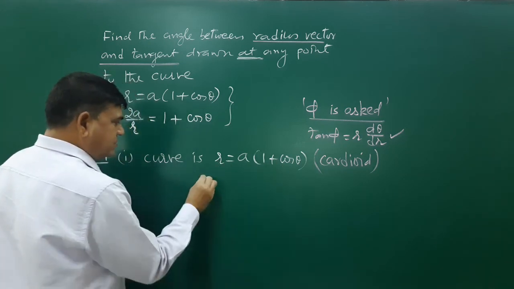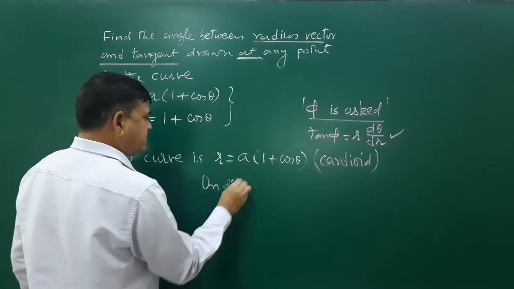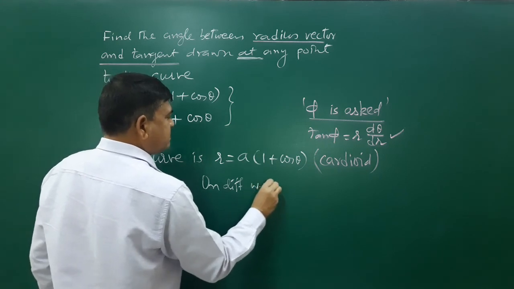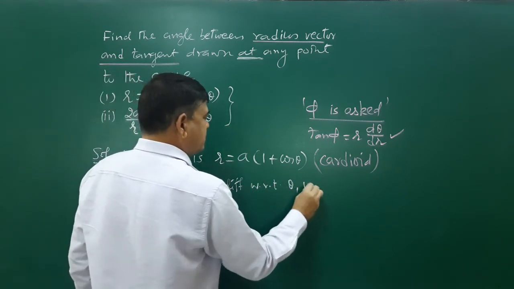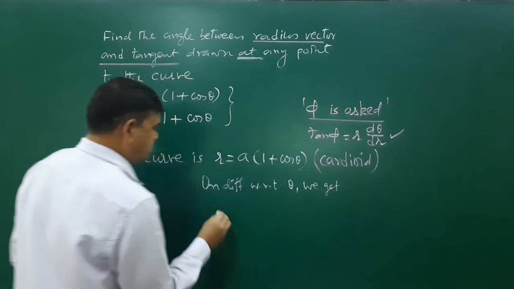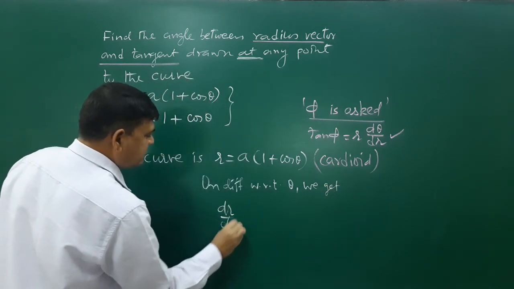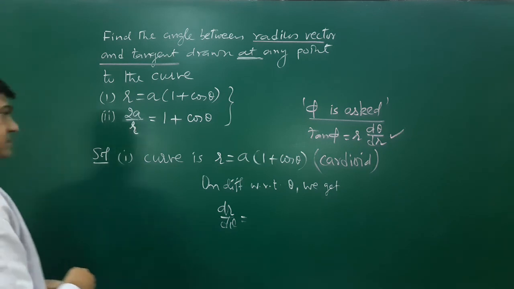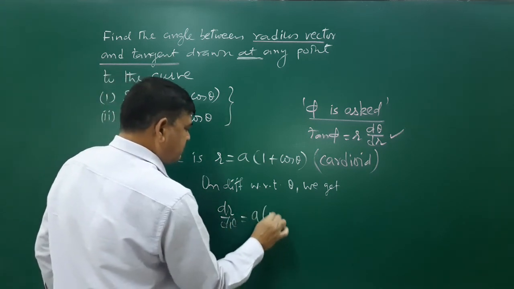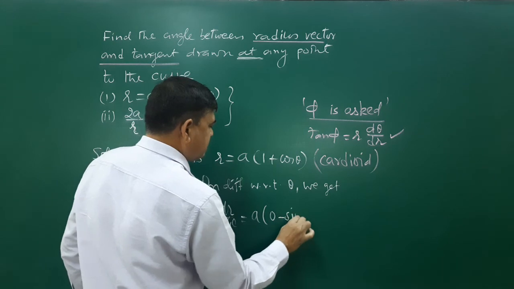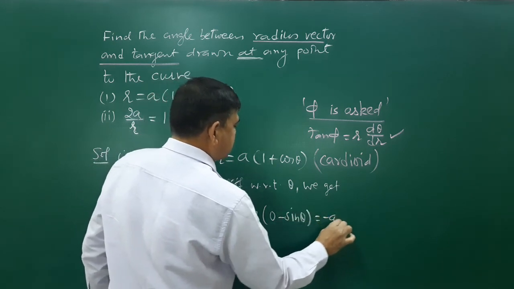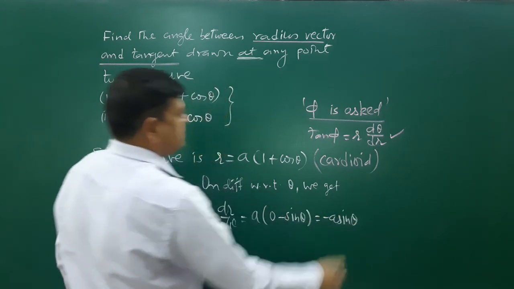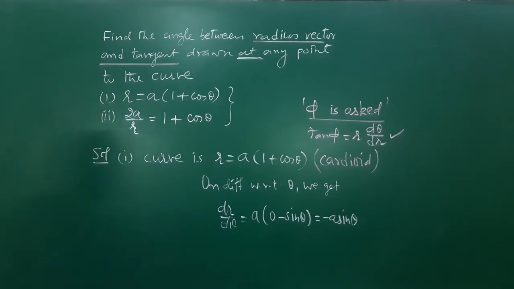So here we have a relationship in r and theta. On differentiating with respect to theta, we get dr by d theta equals a times 0 minus sin theta, so this is minus a sin theta.